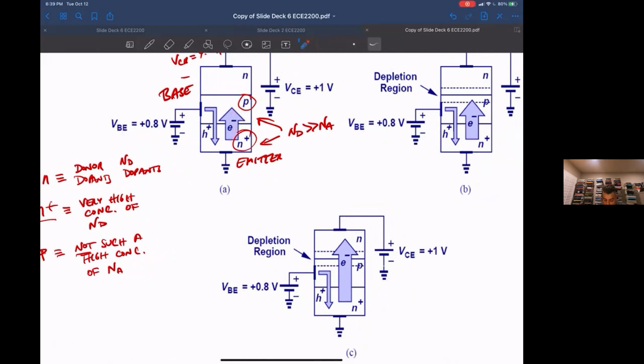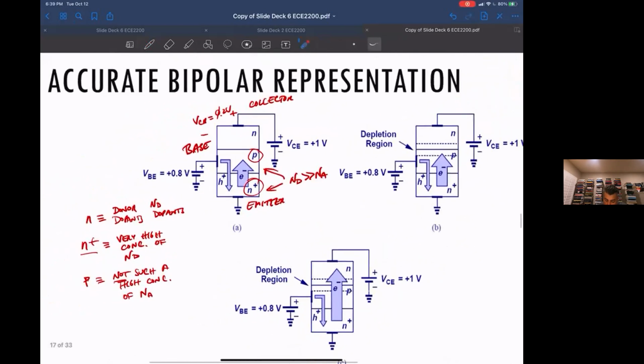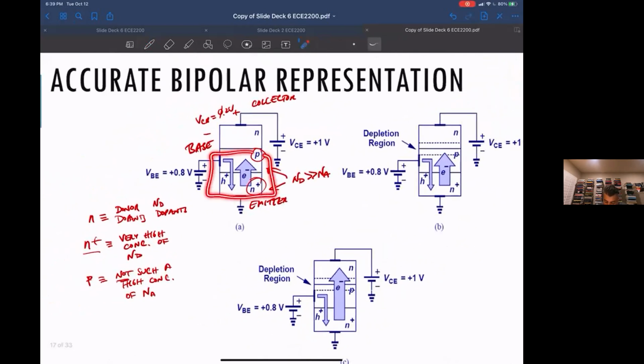Okay, so that's this PN junction. So far so good. This is just acting like a forward biased PN junction.